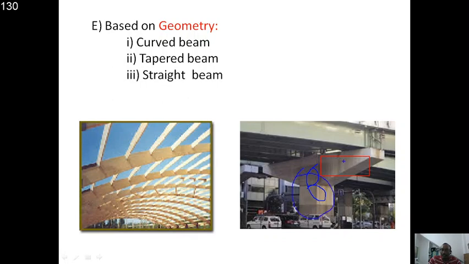So for this beam, this is the beam, and if this is the beam and the support is here, this is the support, right? So that is the thing, a beam requires a support at least at one end, right?